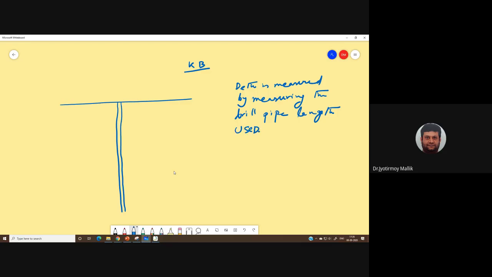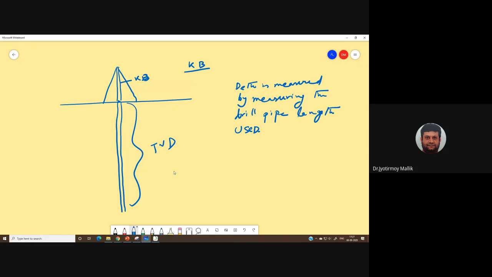Now, suppose I can express this in TVD, and then either I can measure it exactly from the surface, or I can measure it from the top of the Kelly bush, and this is what we call KB.